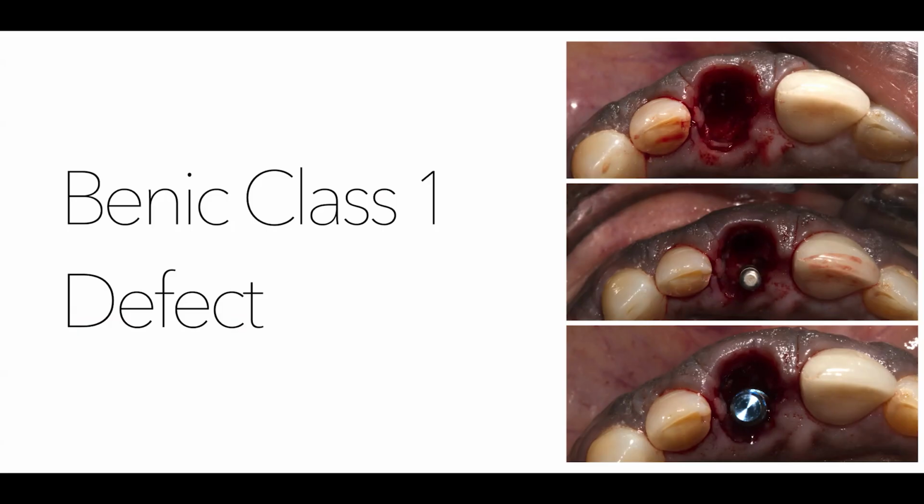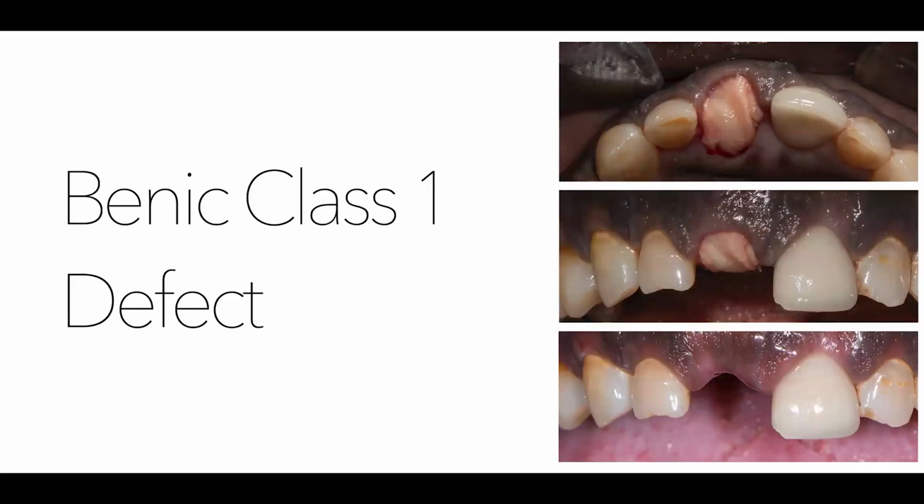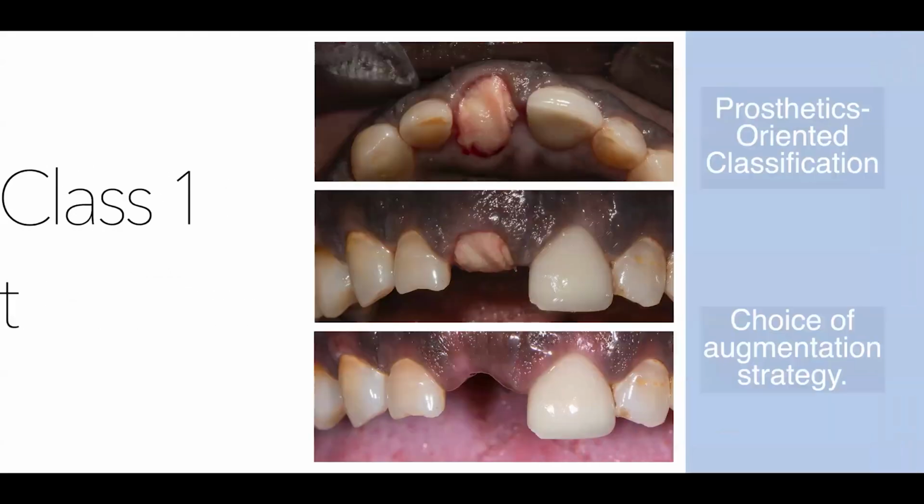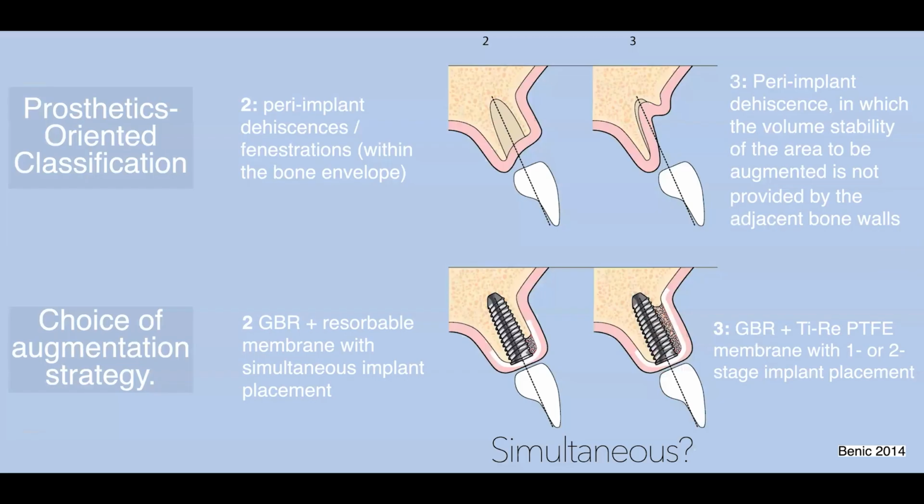In this case, we placed the implant and we placed a cellular dermal matrix membrane, the cellular dermal matrix in a thinner form, which is intended to be used as a membrane, and we gain some tissue thickness and volume as well.